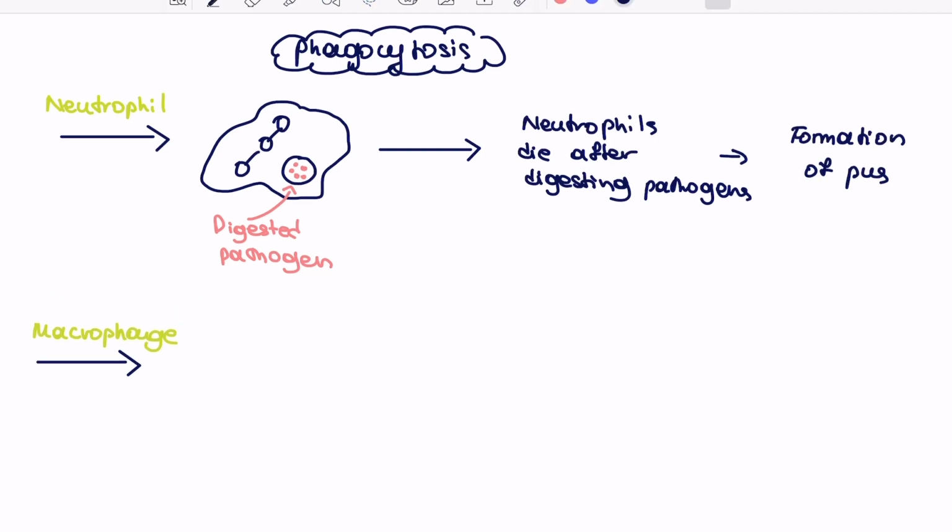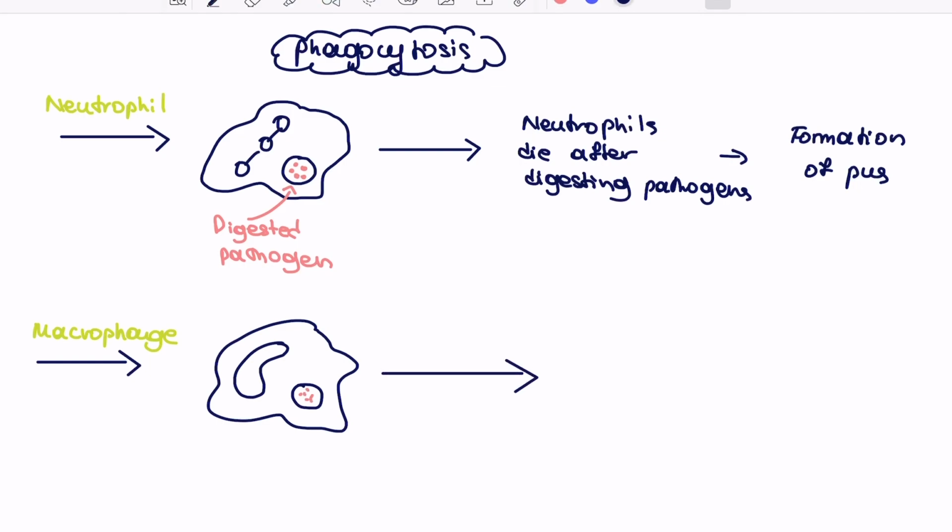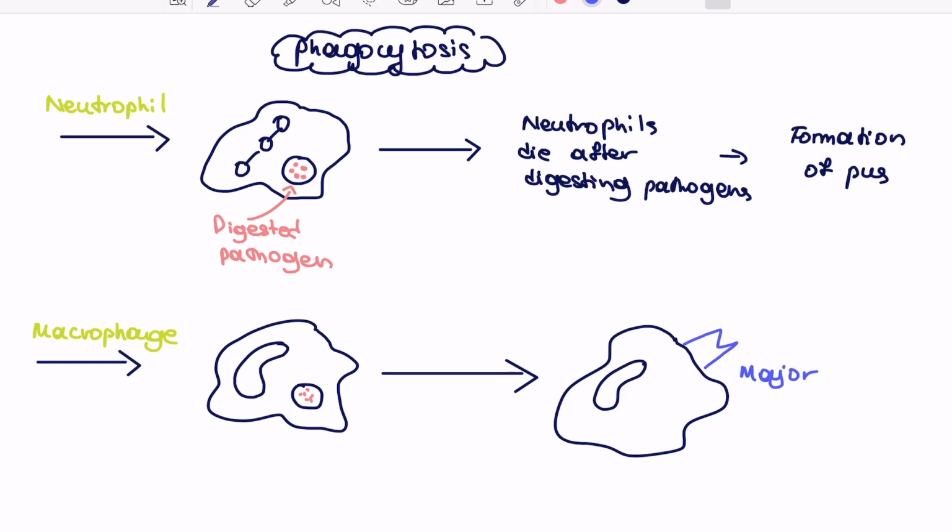Right, let's move to the macrophages now. So the digestion which is carried out by macrophages is very similar. However, the difference is that the macrophages do not digest the pathogens fully, and instead they will be saving some antigens and presenting them on the major histocompatibility complex, which is abbreviated as MHCs.